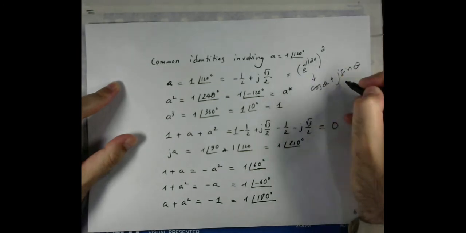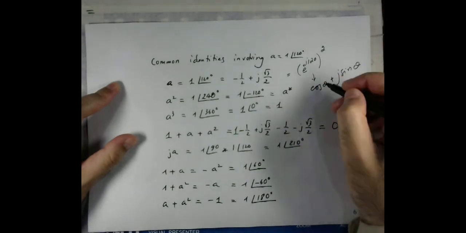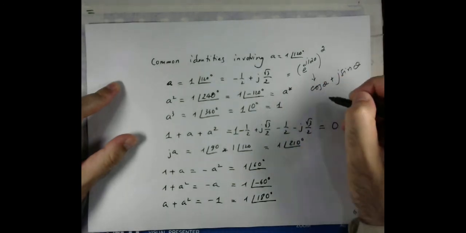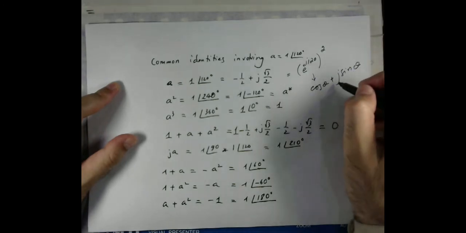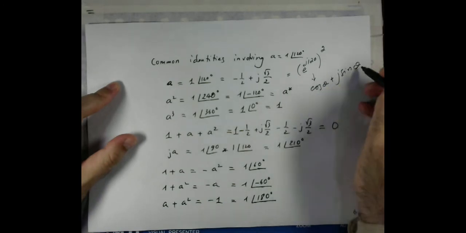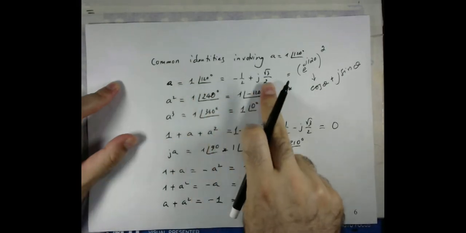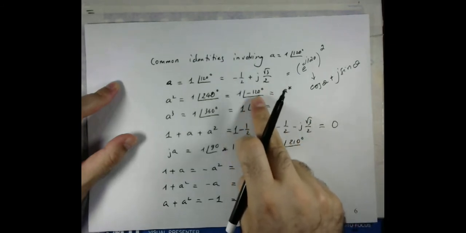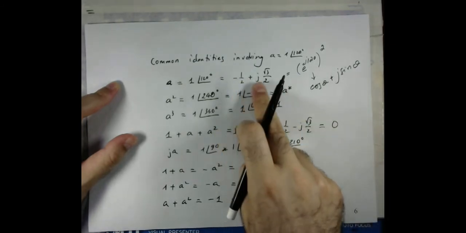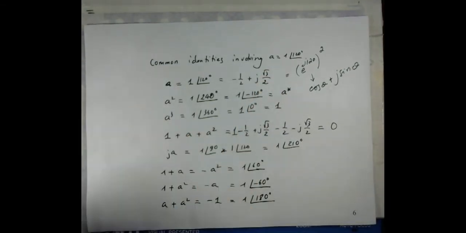In this case it is 120, so whether it is 120 or minus 120, the cosine magnitude will be the same, because cos of a negative angle is the same as cos of the positive angle. But in case of the sine, when the angle becomes negative, the positive sign becomes negative. So for 120 it is minus 1 by 2 plus j root 3 divided by 2. If you put minus 120 degrees, it will be minus 1 by 2 minus j root 3 divided by 2, which is the conjugate of a. So a squared is the conjugate of a.